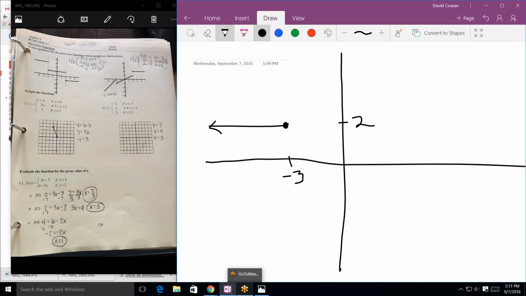And then what's the next region? What's the next domain? Not y, the x.